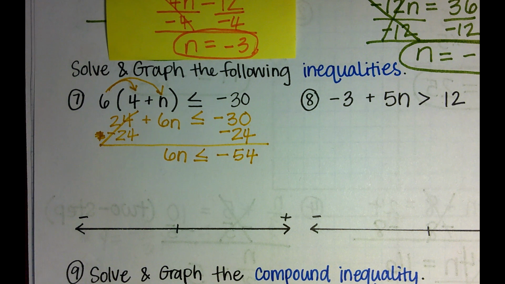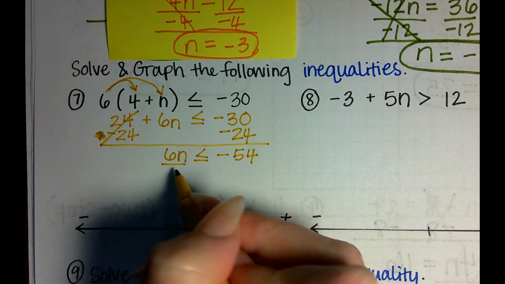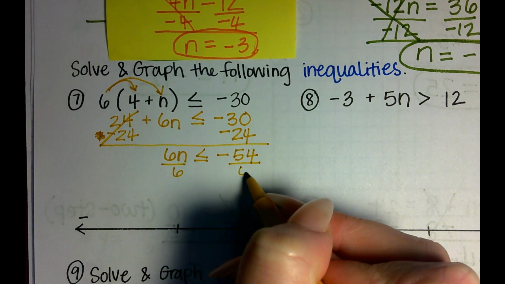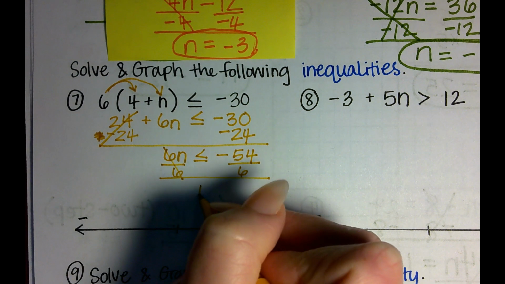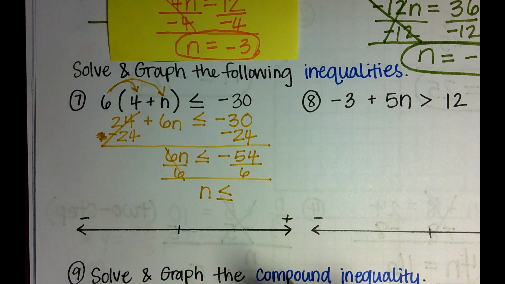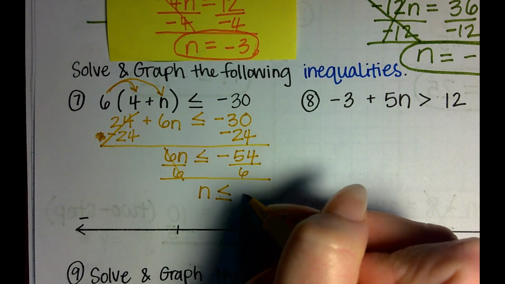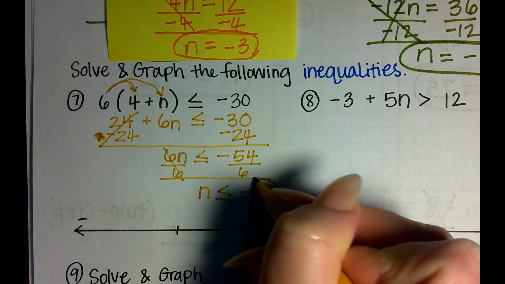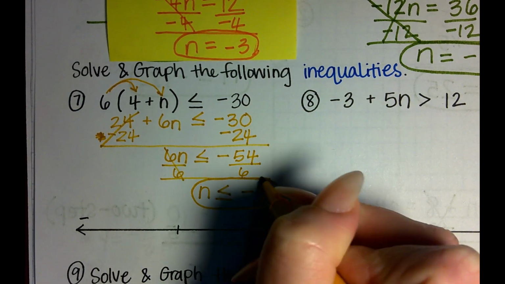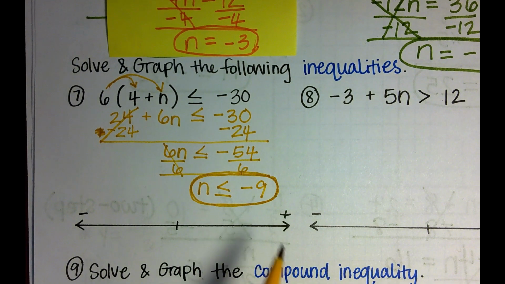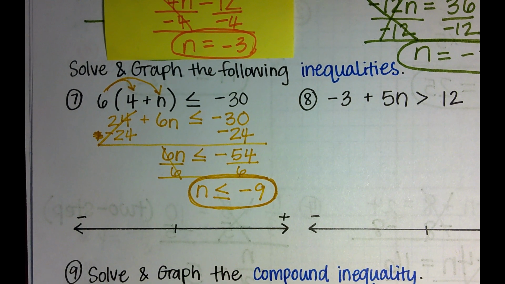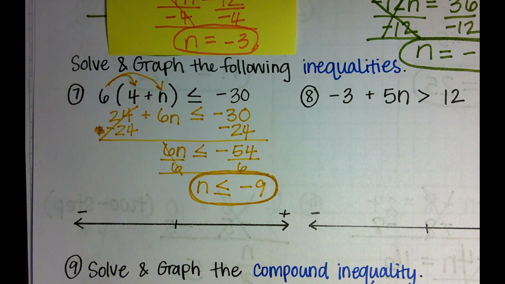One last step: you divide by 6. My 6s cancel. Then n is less than or equal to -9. Very good. So we would circle our answer, and then we would move on to graphing.